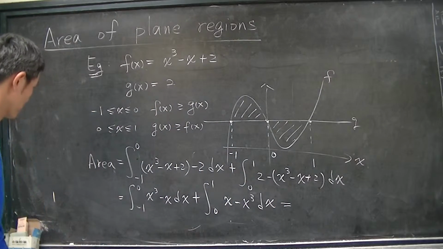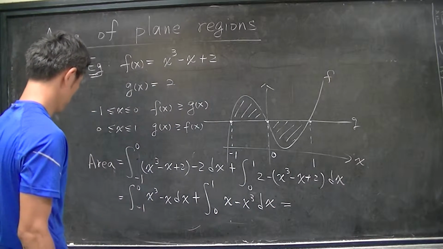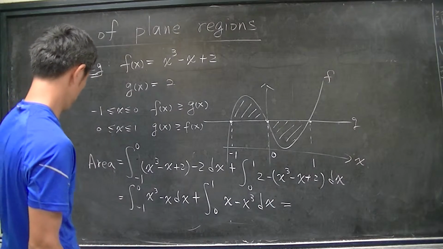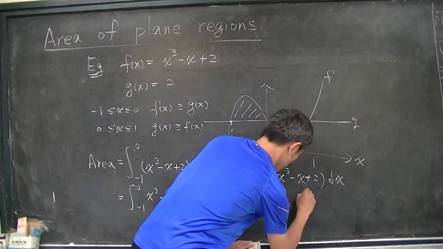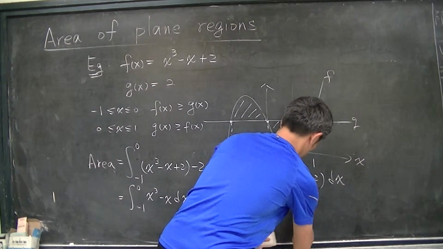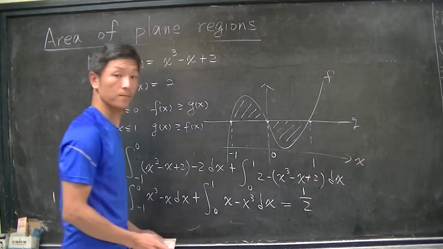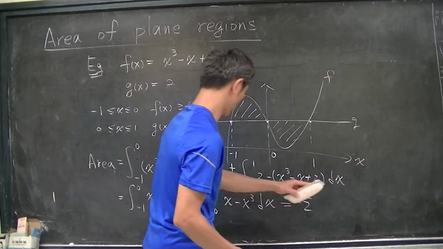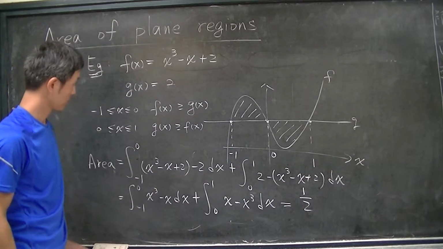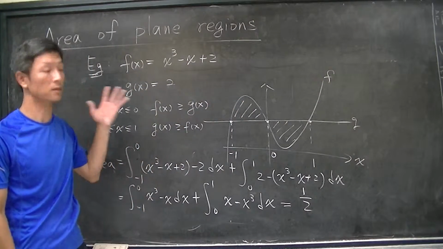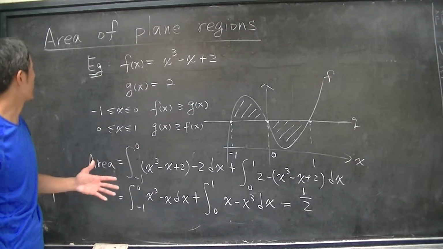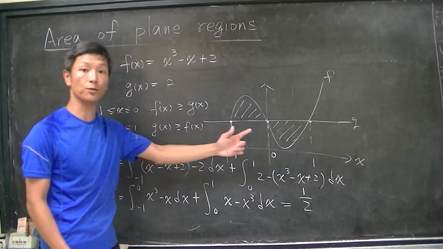If you do some computation, you will get one half. I skip the computations. Using this idea, we can generalize the formula for areas to more general situations.